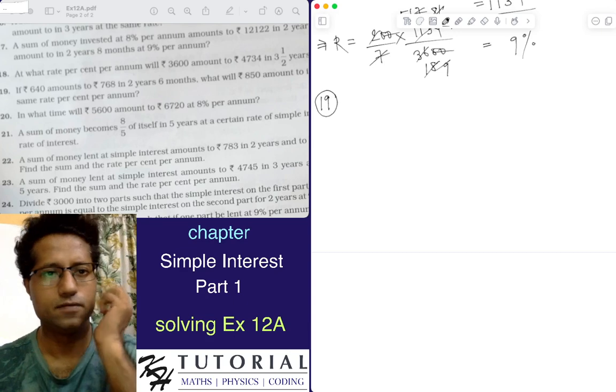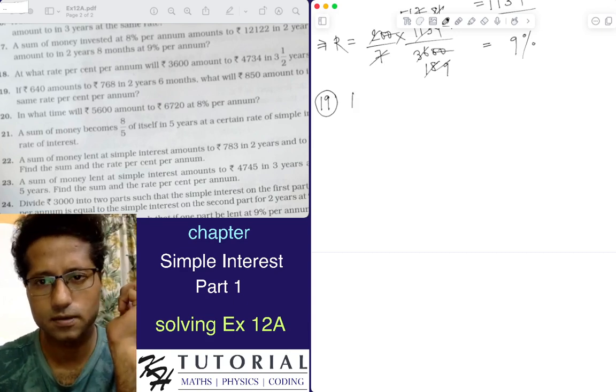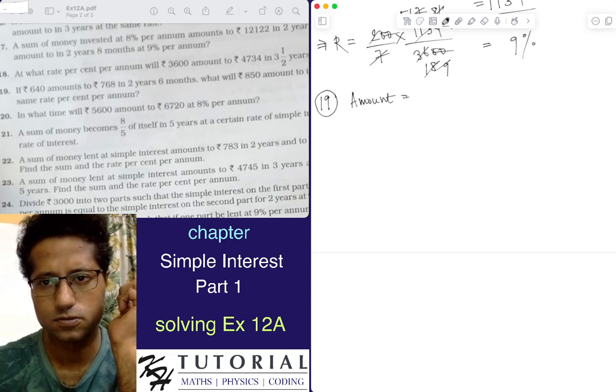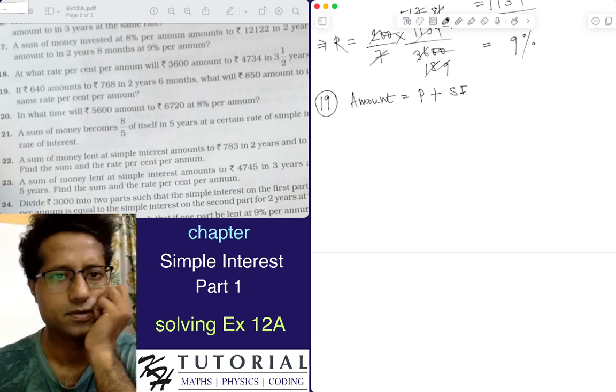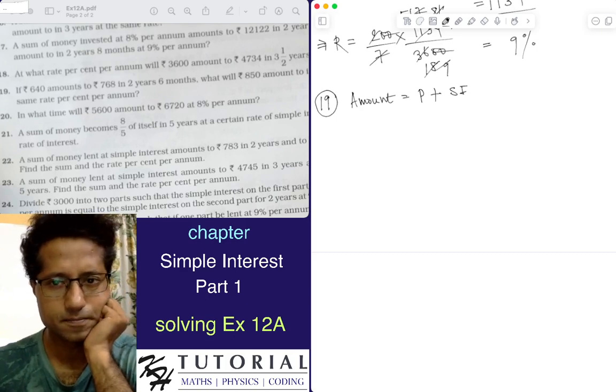So it is given that rupees 640 amounts to, we know that amount equals P plus SI, principal plus simple interest. Now it says that rupees 640 amounts to rupees 768. So amount is rupees 768.